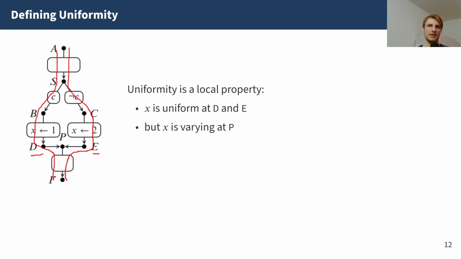And all other traces are irrelevant for the uniformity of X at this point. On the other hand, at P, X is varying because we have 2 traces that have a different value at P.